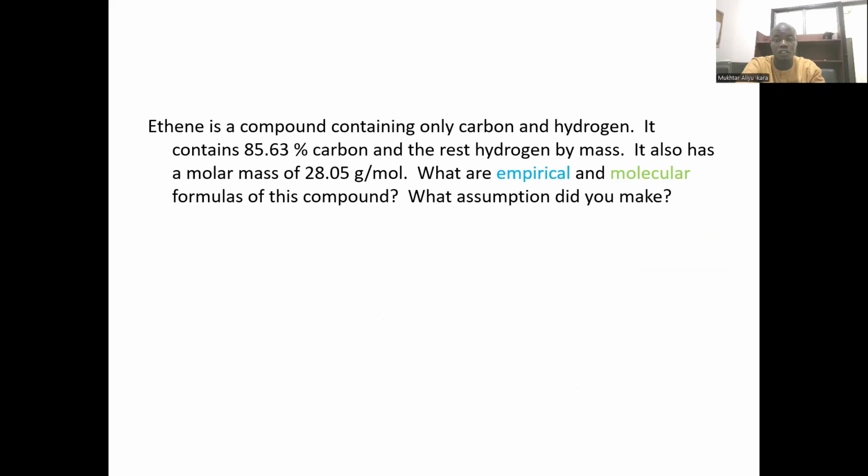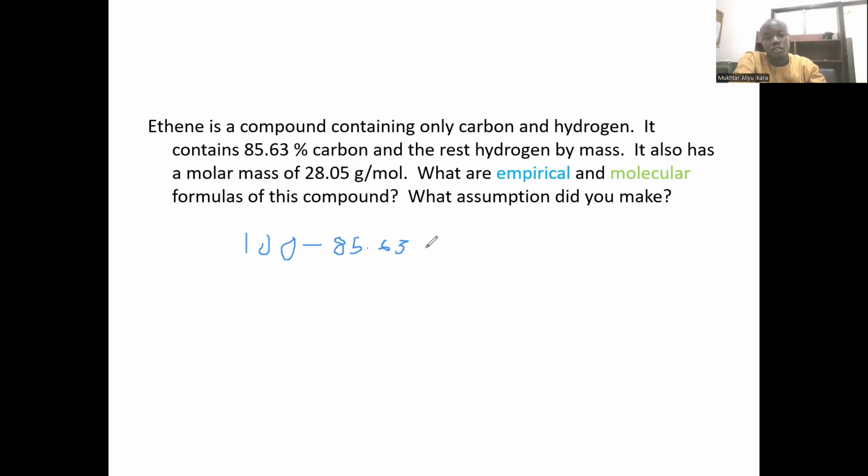And there is also another way that you can make this calculation simple. This way is like this. Initially, we have that of carbon. To get hydrogen, we are now going to say 100 minus 85.63.